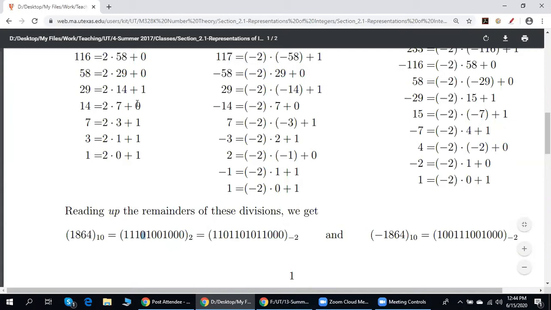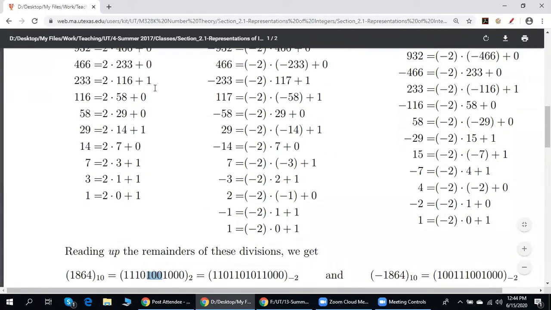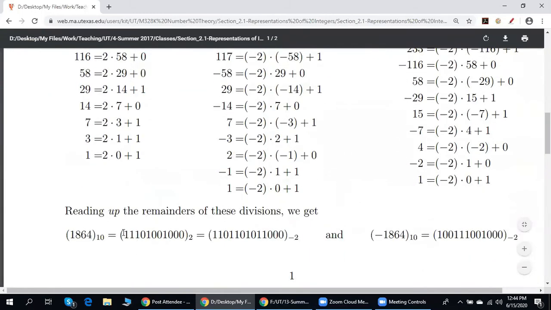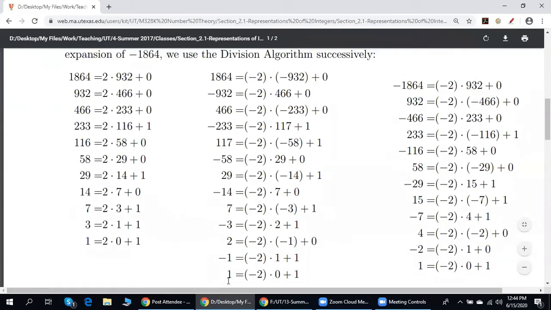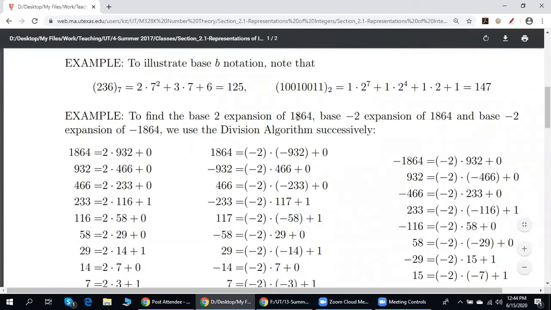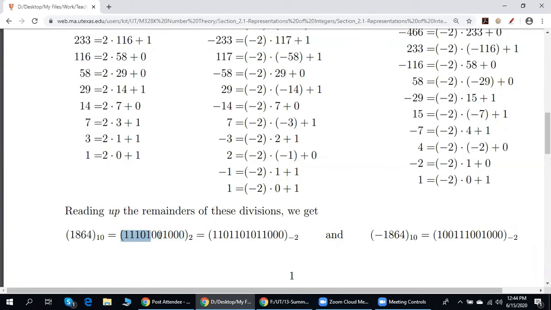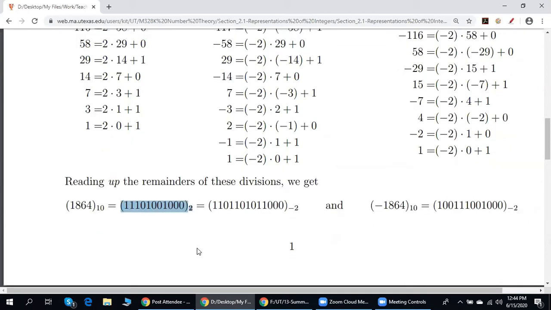Then we have 0, 0, 1, 1, 0, 0, 0, 0, 1, 0, 0, 0. It's exactly what is written here. So, according to this, the base 2 expansion of 1864 is this one. By the way, what is written here means the following.